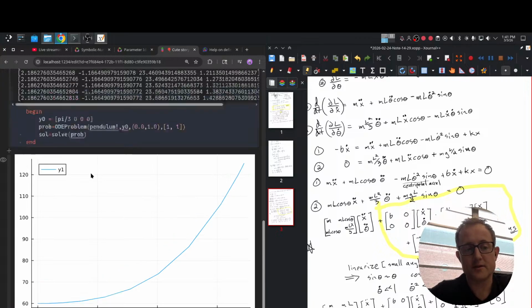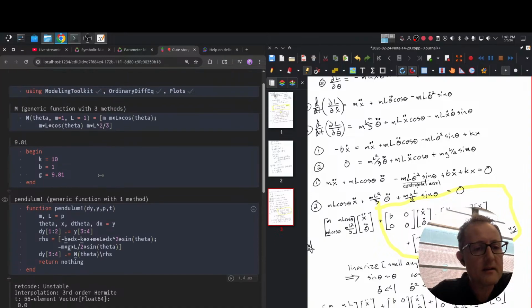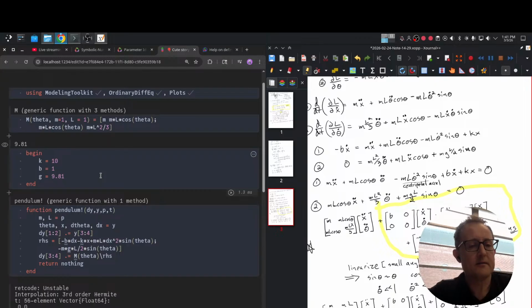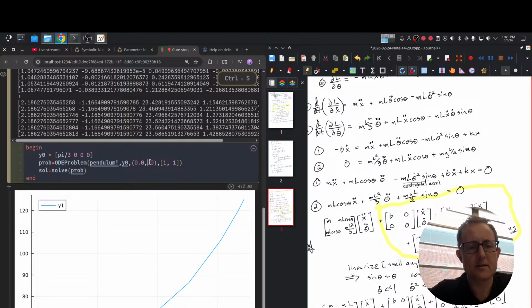That's a little strange, so probably I'm missing a minus sign. I mean, it looks okay. Let's go over to like 5 seconds. Well, we'll go to 10 seconds.